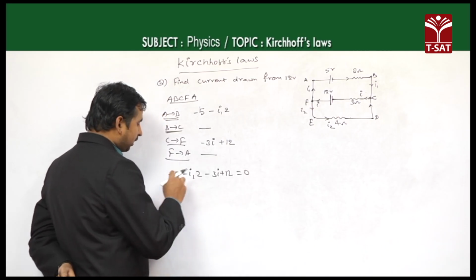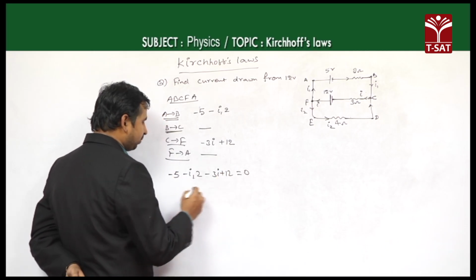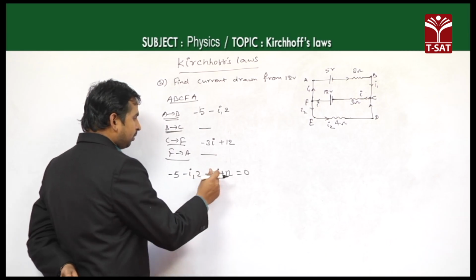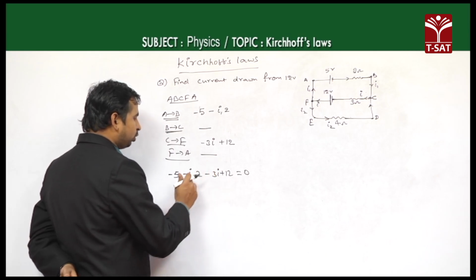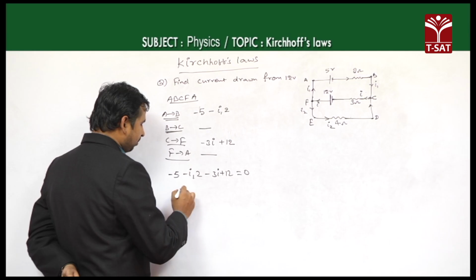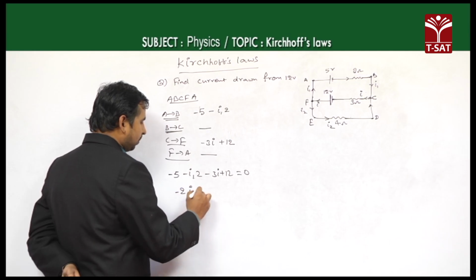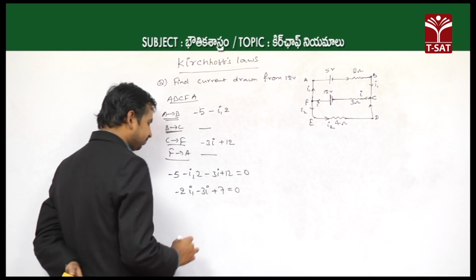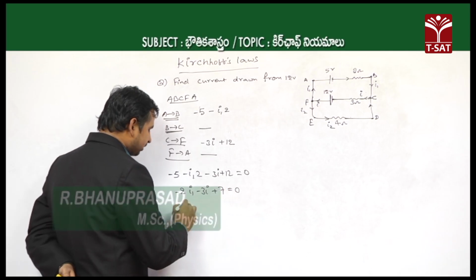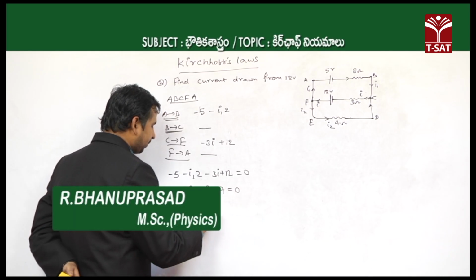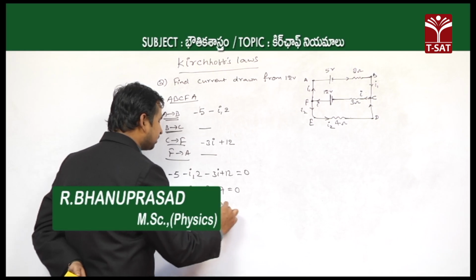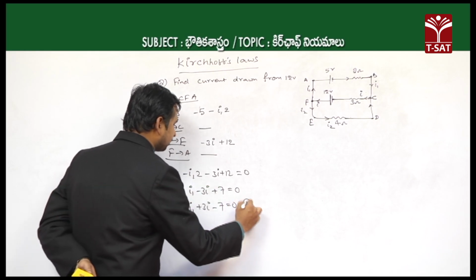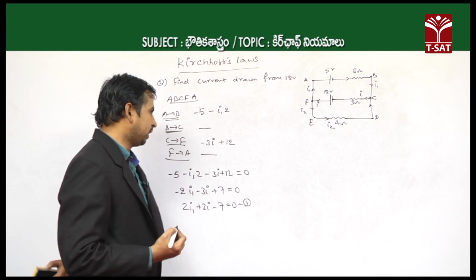Minus 5 plus 12 becomes 7, and 2 into minus I1 is minus 2I1, so minus 2I1 minus 3I plus 7 is equal to 0, or we can write 2I1 plus 3I minus 7 is equal to 0. Let this be equation 1.